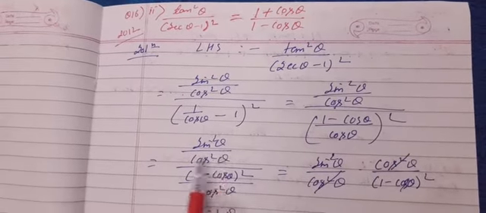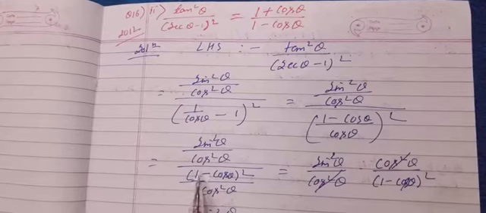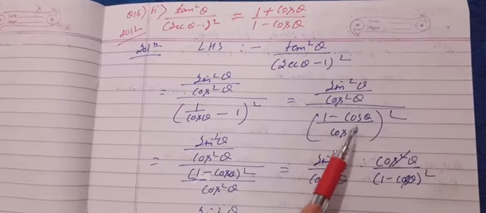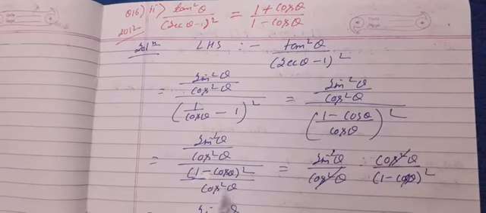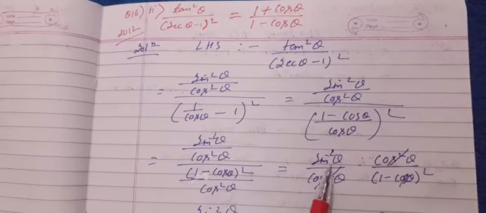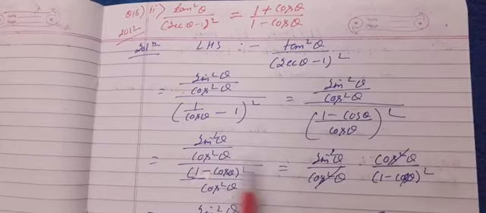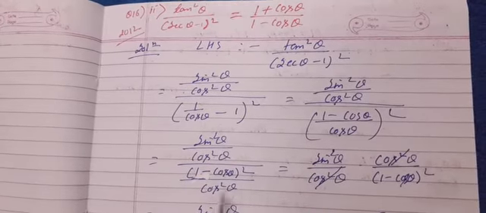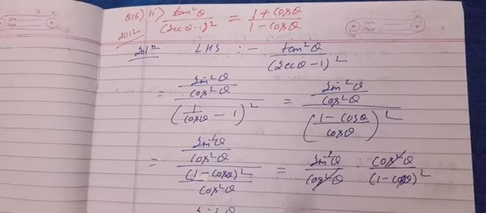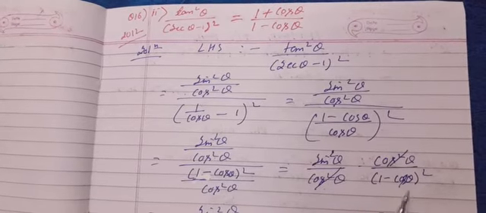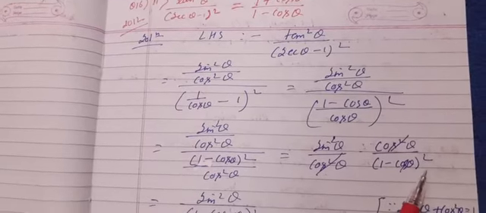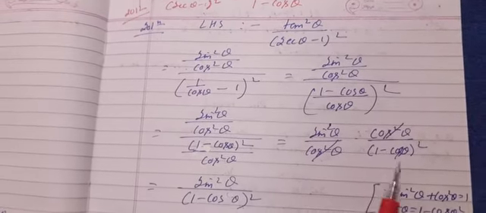So sin square theta upon cos square theta, now it is 1 minus cos theta whole square, and in denominator it is cos square theta. Okay, so this and this cancelled. What I did here, I noted sin square theta and cos square theta, and then wrote the reciprocal. Cos square theta became part of the numerator and 1 minus cos theta whole square part of the denominator. So both the cos square theta are cancelled.